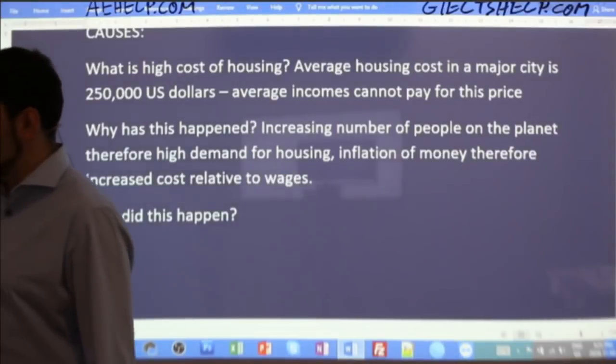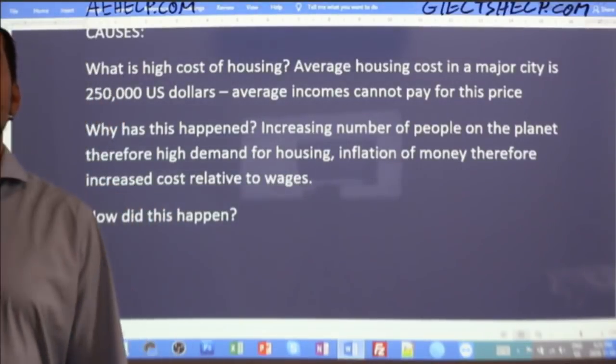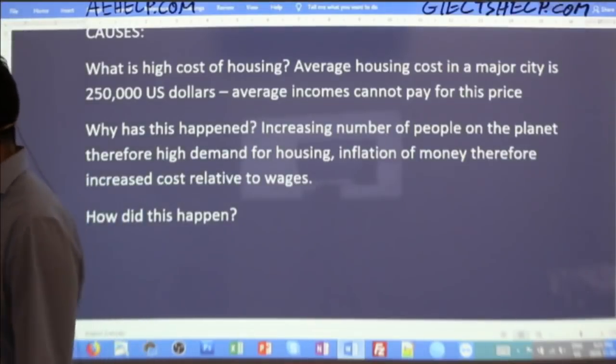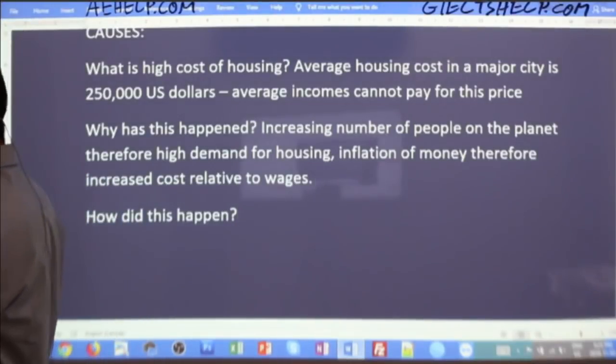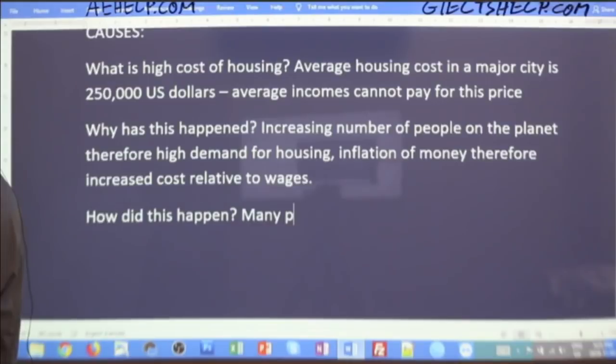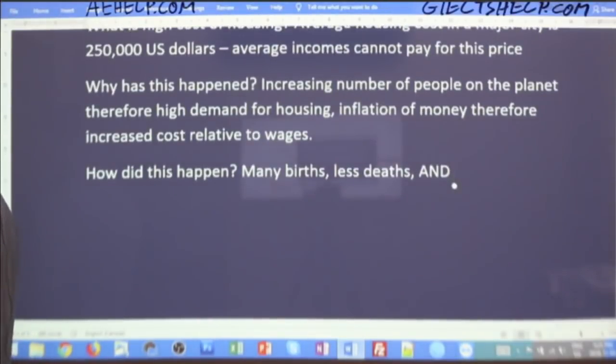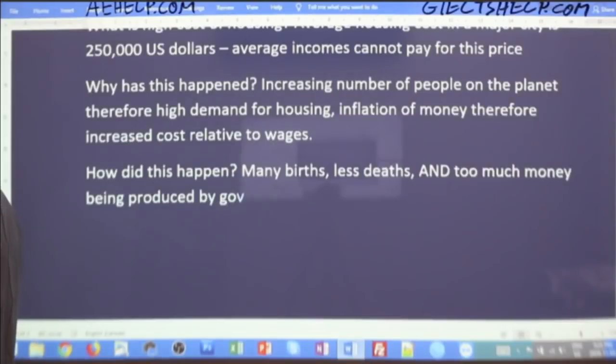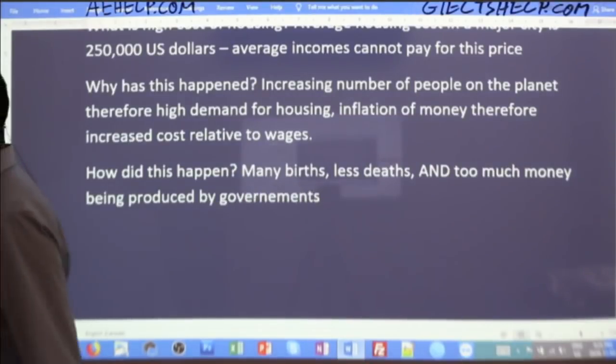Okay, I would say that's probably one of the other big reasons. Okay, so there's two reasons. How did this happen? Many births, less deaths. Okay, so these are the simple ones, and too much money being produced by governments. Okay, so that would be the other one.